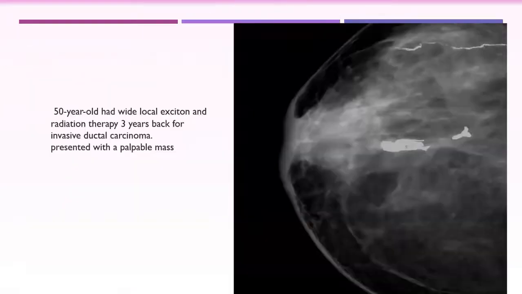Okay, talking about post-surgical changes, this patient, 50 years old, had wide local excision and radiation therapy 3 years back for invasive ductal carcinoma, and presented with a palpable mass. What do you think is the cause of her palpable abnormality?